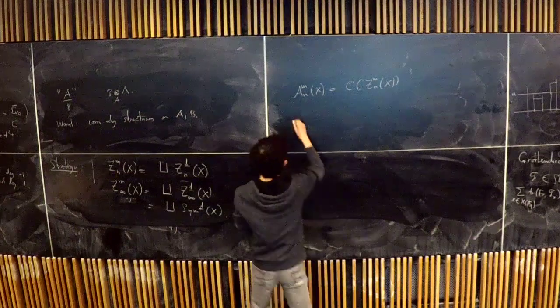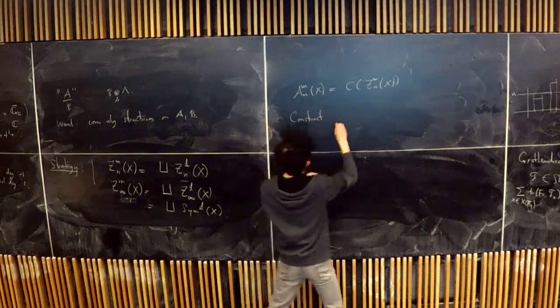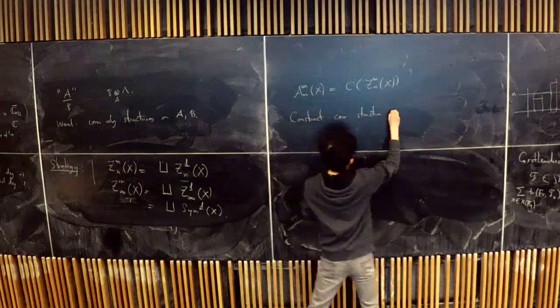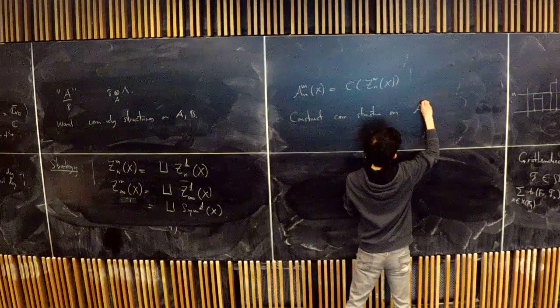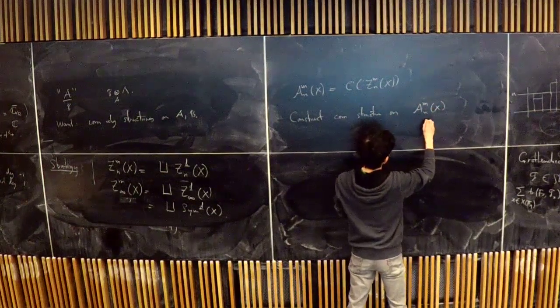All right. So the goal now is to construct a commutative algebra structure on this, along with maps like this.